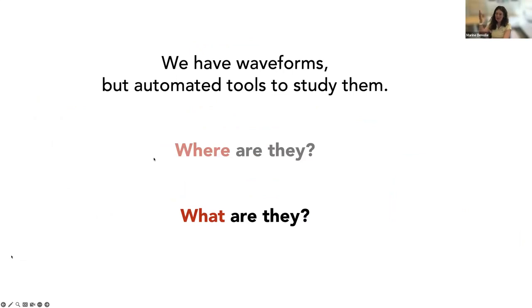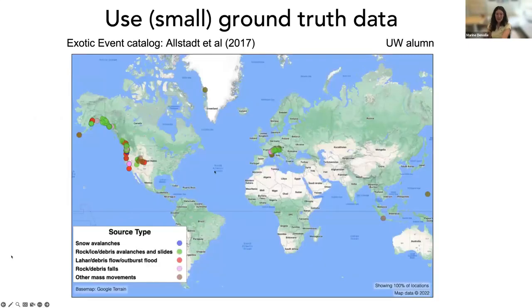So what are they? Because we have these waveforms, I didn't tell you what they are yet. It's very hard to know. But for that, we're using a small but ground truth data set that's globally collected by a former student from UW, and in part with some of the faculty here, called the Exotic Events Catalog. And there the data is curated, clean, ground truth with satellite imagery to really say what these events are.